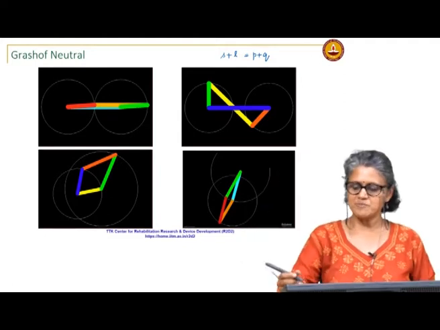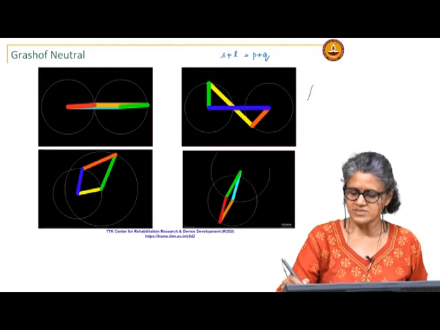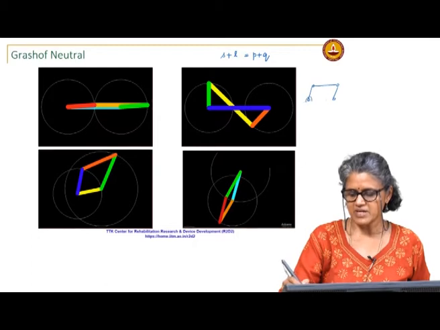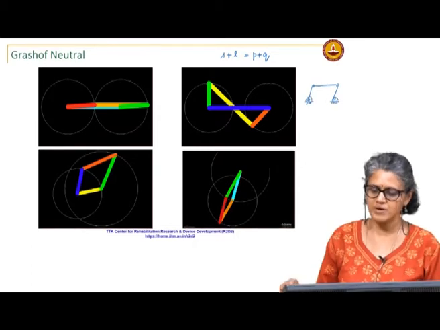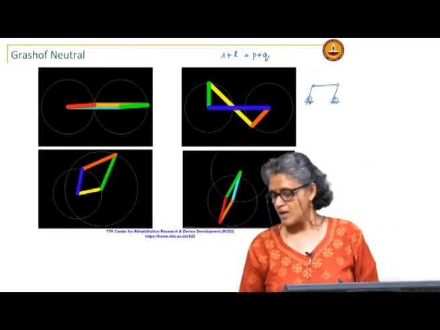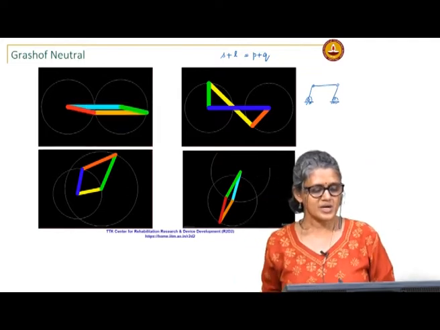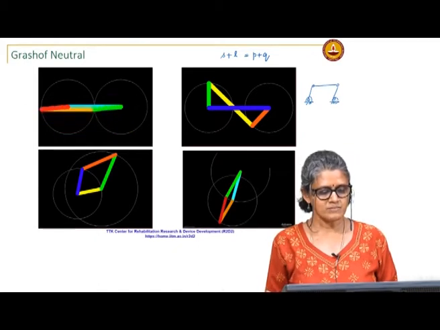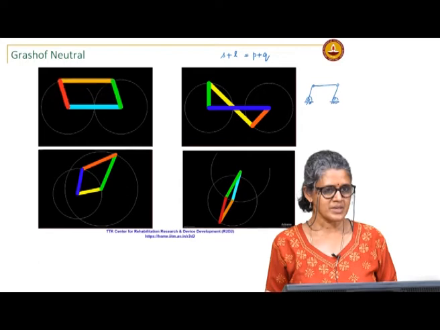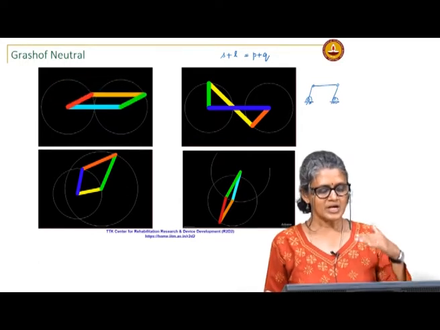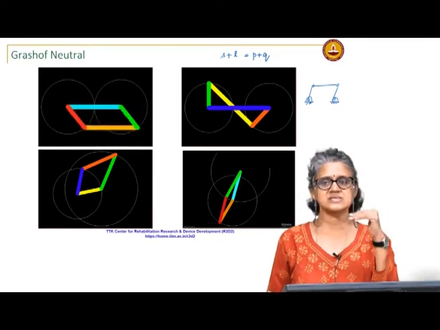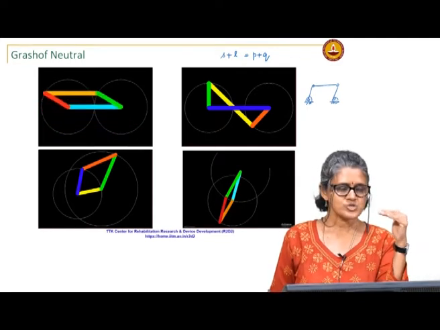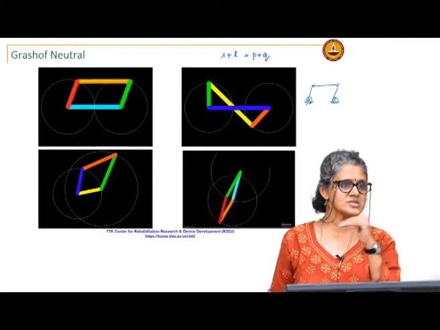Obviously, if you have a parallelogram, then S plus L equals P plus Q, and you will find many applications of the parallelogram form of linkage. Here you will see that the input and the output motions are the same in the parallelogram form, and the coupler is essentially just translating in the plane. So, the orientation of the coupler does not change at all.